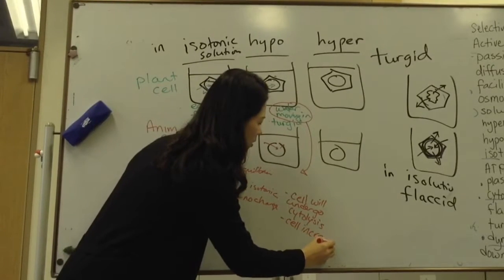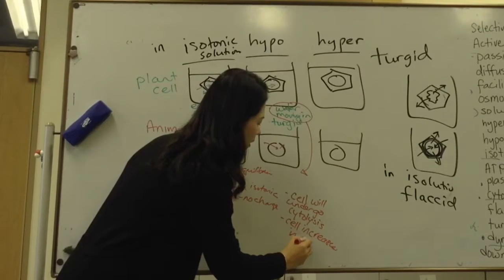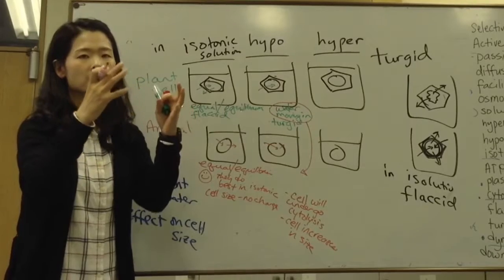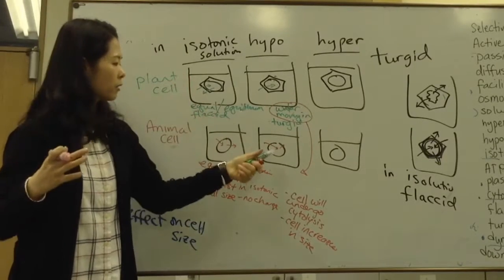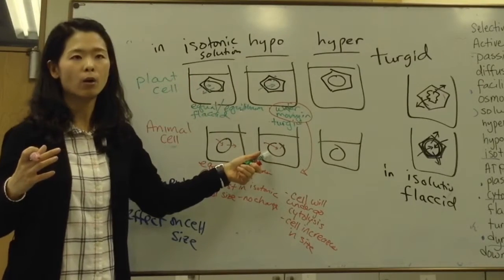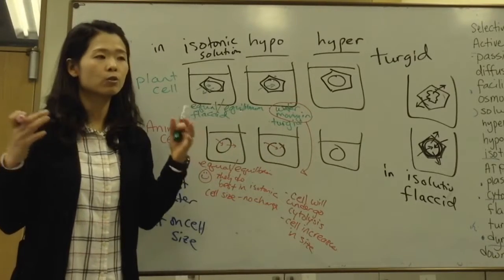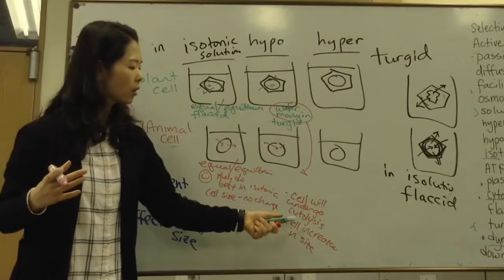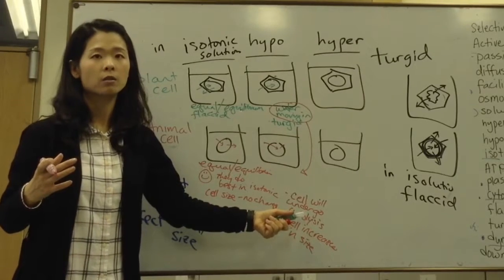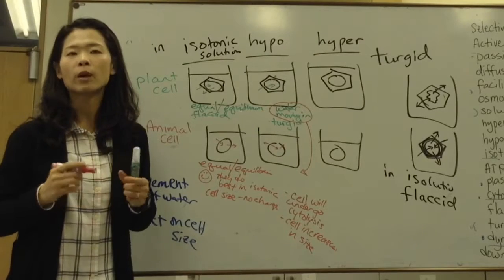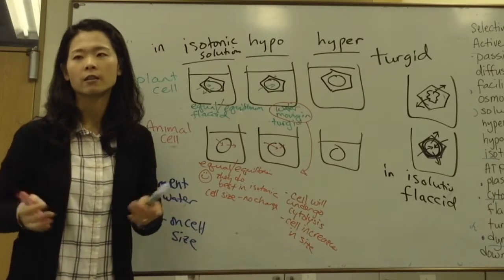This is going to the extreme: the cell will increase in size as it gains water, but if the solution is too hypotonic and causes the cell to gain so much water, then it could burst. What happens to the cell after it bursts? It dies. The membrane is ruptured, so it's dead.